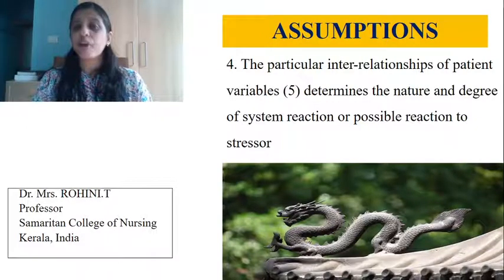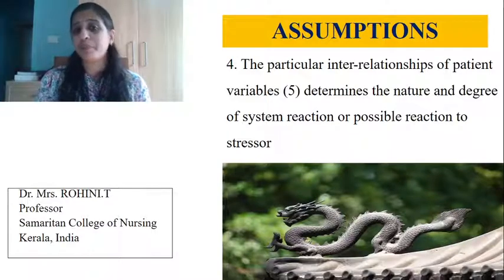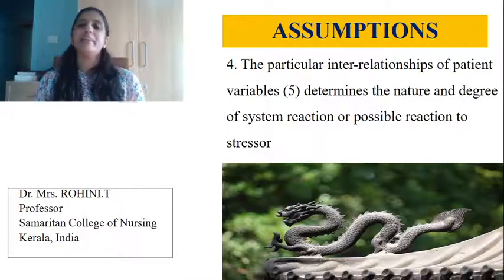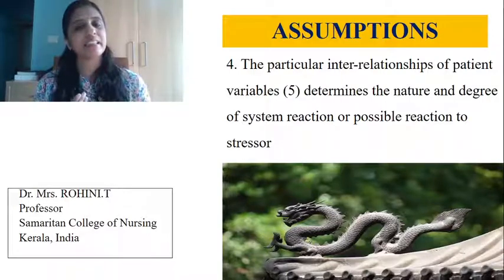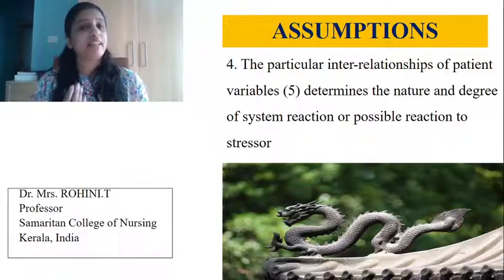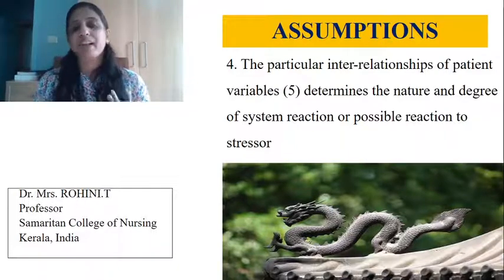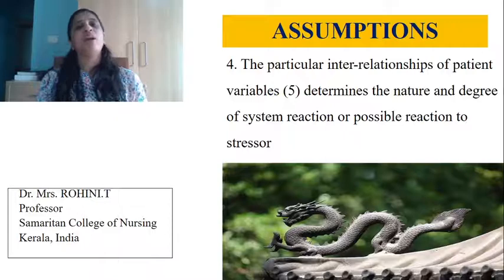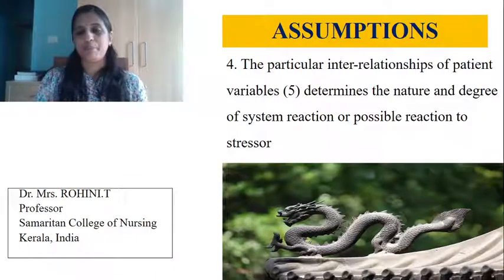But the reaction shown by these two people depends on the interrelationship of variables. There are patients who approach death in a very positive way when they are spiritually strong. There are people who go into major depression and they die because of cancer. So the degree of reaction depends on the interrelationship of variables.